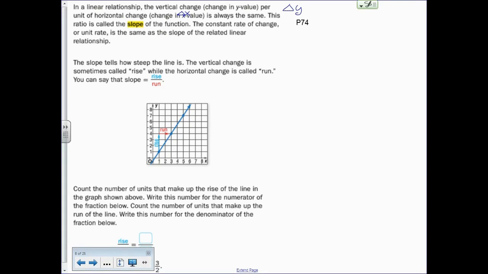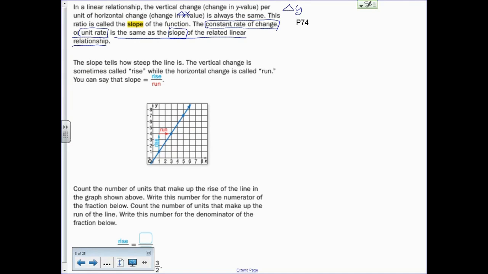The constant rate of change, or unit rate, is the same as the slope of the related linear relationship. So again, constant rate of change, unit rate, and slope are all the same in a linear function.